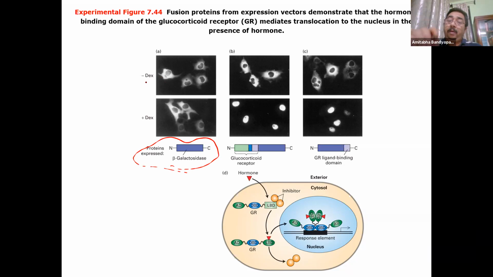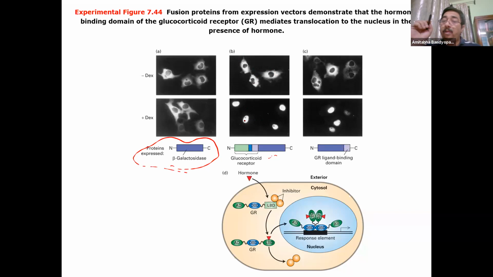Now, what you do is you fuse the glucocorticoid receptor at the N-terminus to this beta galactosidase. When you do that, you can see that in the absence of dexamethasone, it is still in the cytosol, but in the presence of dexamethasone, it has all moved into the nucleus.